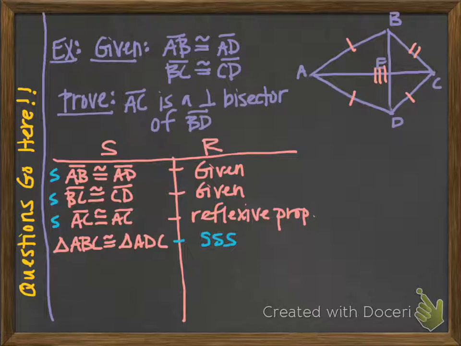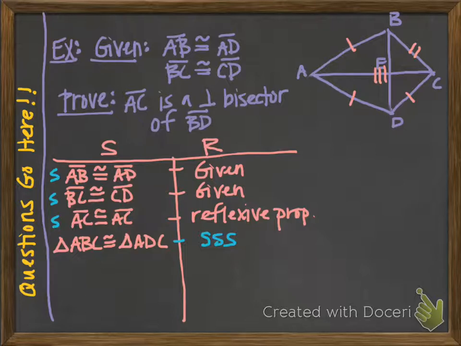Okay, so if those two triangles are congruent, what else do we know? In order for me to say that AC is a bisector of BD, which is part of our proof statement, we actually have two things to prove. Not only does it make a right angle, it's perpendicular, but that it's a bisector. We would need to say that BE and ED are congruent. Well, BE and ED are not part of the two triangles we said are congruent.